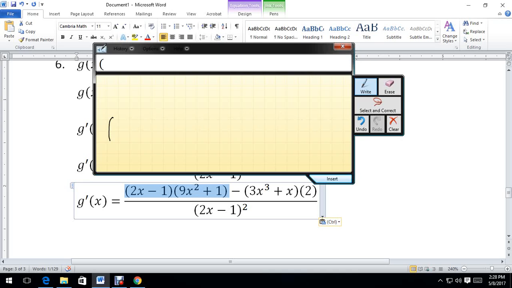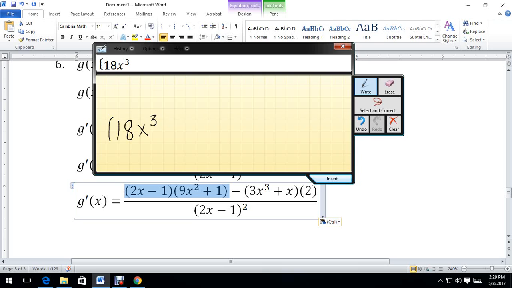Okay, so the first one is you have 9x squared times 2x. Of course, 9 times 2 gives you 18. Next is you have x squared times x, that would be x cubed. Okay, so let's try to clean this up first. So this becomes 18x cubed.